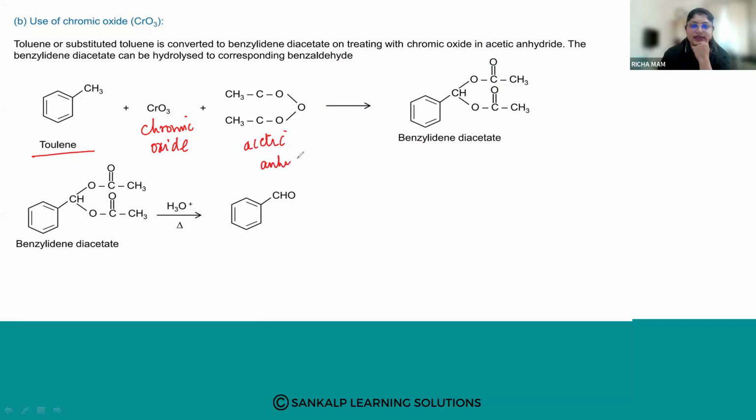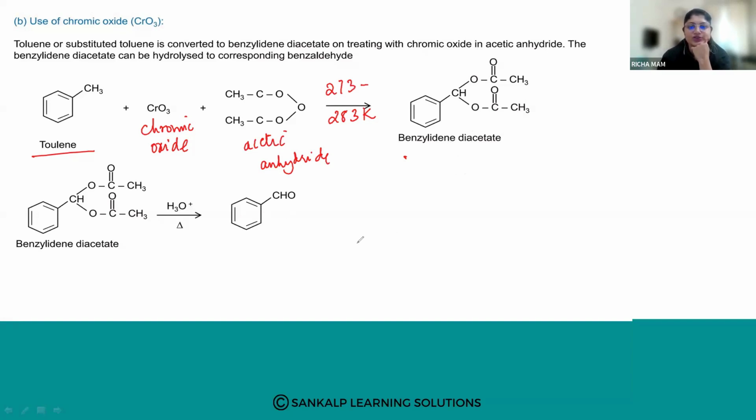The temperature condition is 273 to 283 Kelvin. At this very low temperature, it gives you benzylidene diacetate.